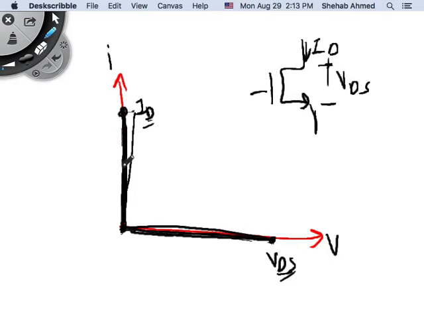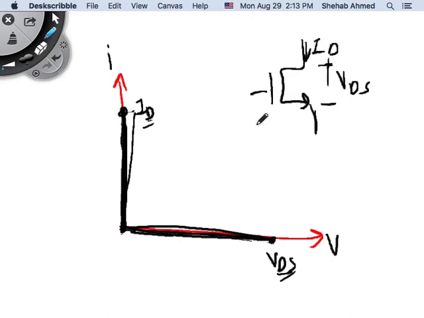Obviously, this is ideal. Since there's 0 volts across the device when it's on, the power loss is 0. And then there's 0 current through the device when it's off, so the power loss when the device is off is also 0. Which means that the efficiency of this device is 100%. Ideal efficiency of the device is 100%.